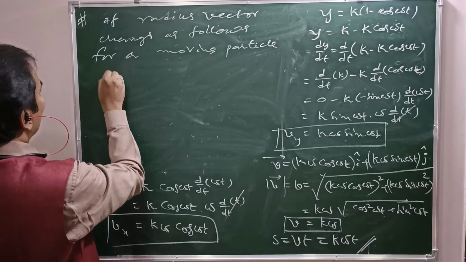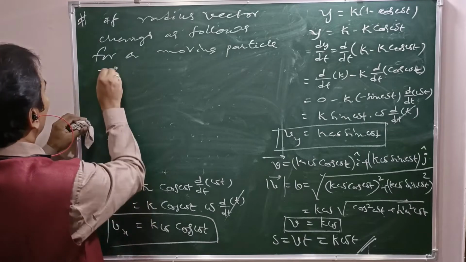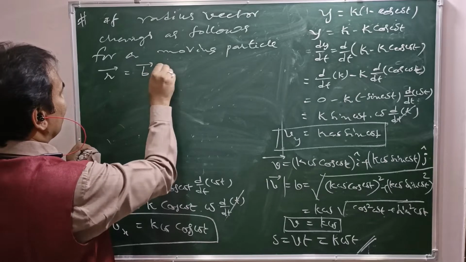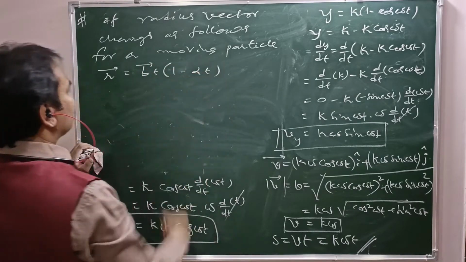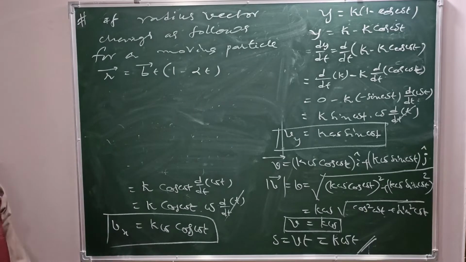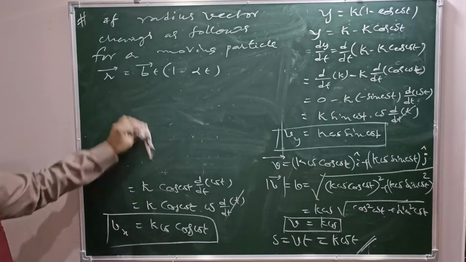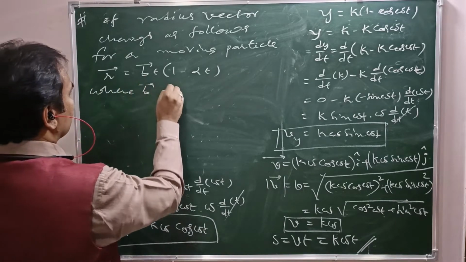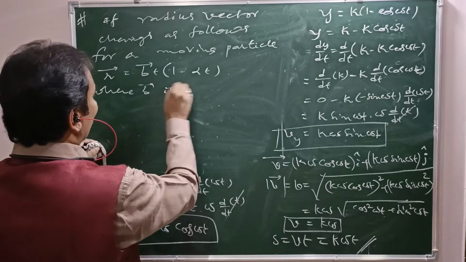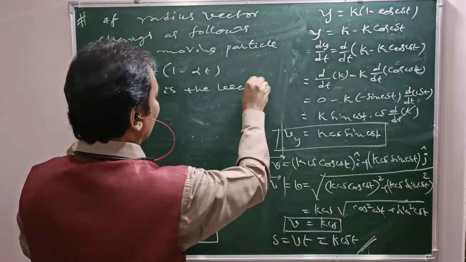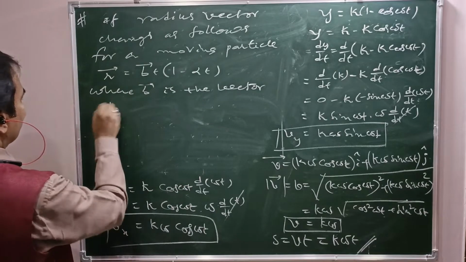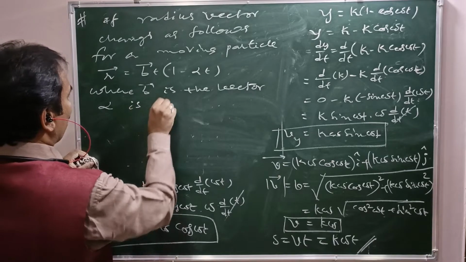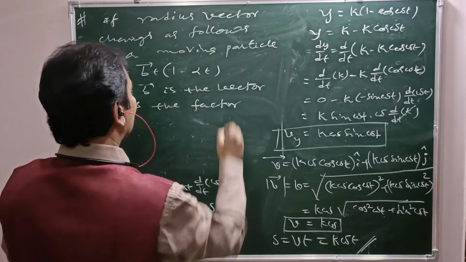What is that expression? The radius vector r bar equals b bar t of 1 minus alpha t. Here b bar is a positive vector, any positive vector, and alpha is a positive factor.